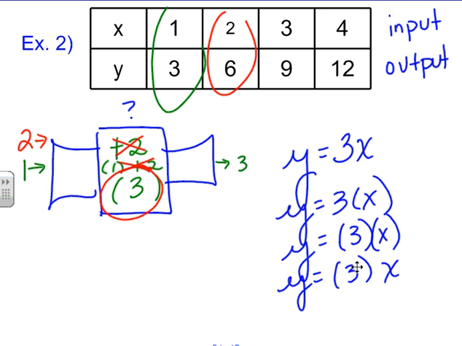It always shows different ways to multiply, but we know that when they're right next to each other, that means it's multiplication as well. So we don't need to have all the parentheses there if they're right next to each other. So hopefully this gives a basic idea of how to explain a rule or find a rule and write it as an equation.